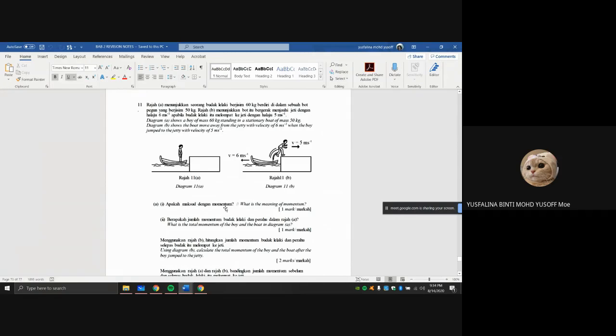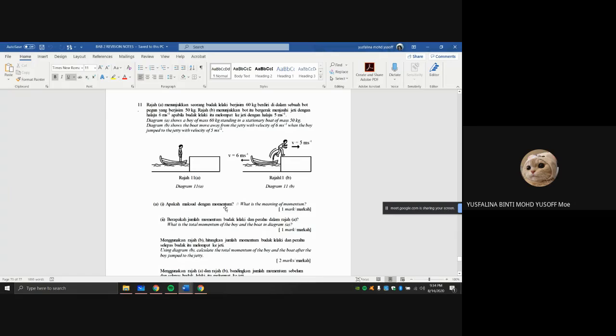Diagram A shows a boy of mass 60 kg standing in a stationary boat of mass 50 kg. Diagram B shows the boat moving away from the jetty with a velocity of 6 m s^-1 when the boy jumps to the jetty with a velocity of 5 m s^-1. Again, what is the meaning of momentum?